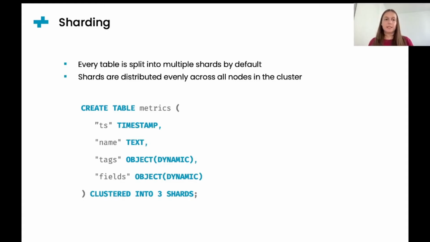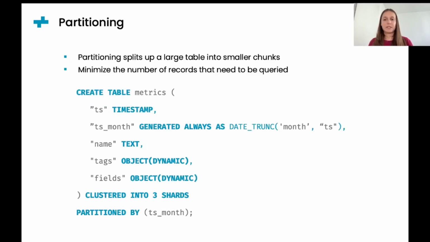When it comes to sharding, it's also important to mention partitioning to further improve query performance. Partitioning can be done on 1 or more columns, and partitioning means splitting a larger table into smaller chunks, which minimizes the number of records that need to be queried.